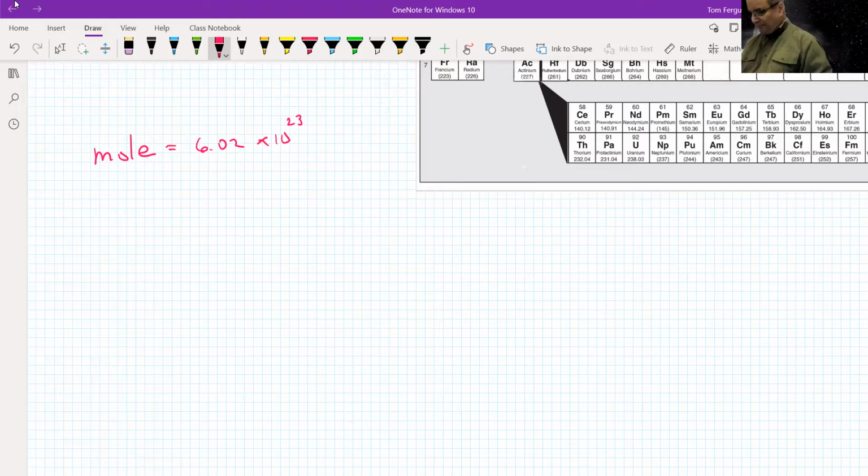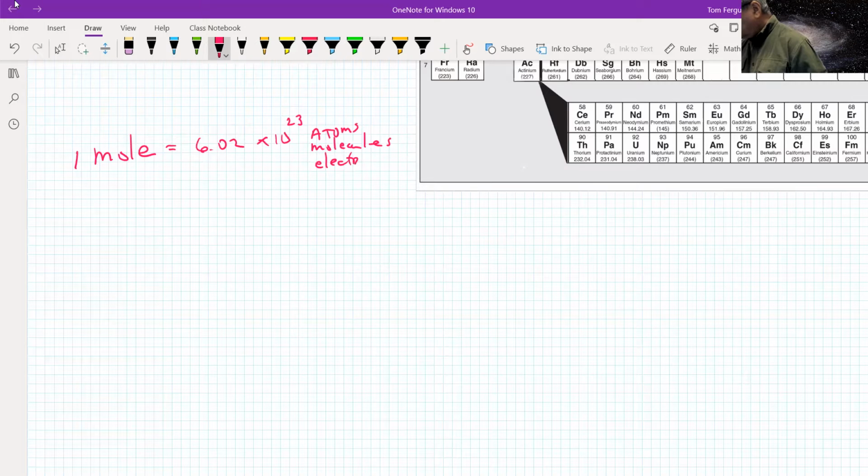So remember going back to unit 1, whenever we have a quantity like this, we can end up with a conversion factor. Now we're going to apply this to atoms, molecules, and electrons. And we're not going to use electrons in here, but we're going to use atoms and molecules a lot.